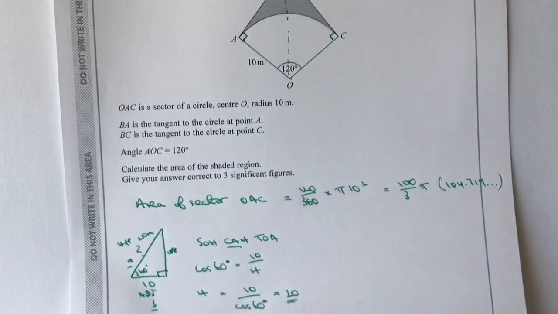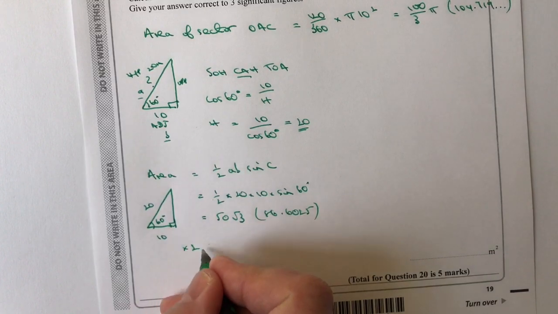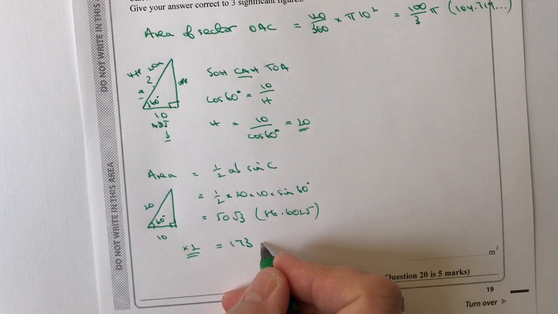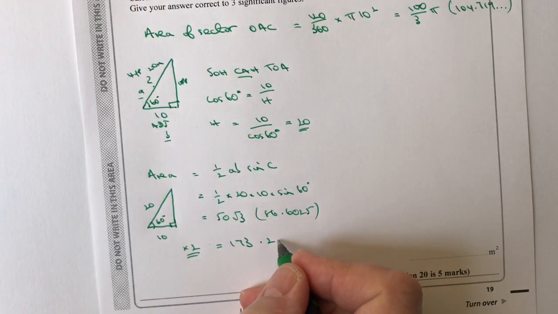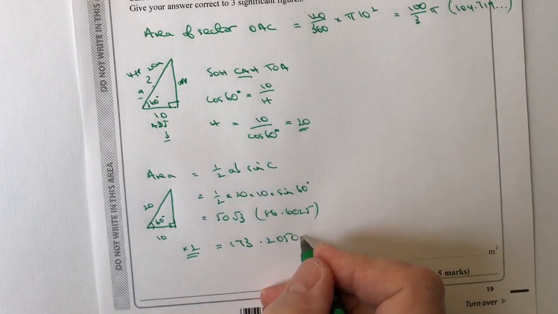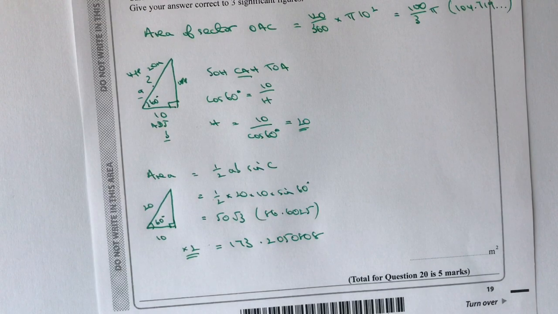So if it's exactly the same, it means that we can just multiply this by 2, and that's going to give me then 173.2050808. Your calculator might be slightly different, but hopefully that'll give you the kind of calculation that we need.